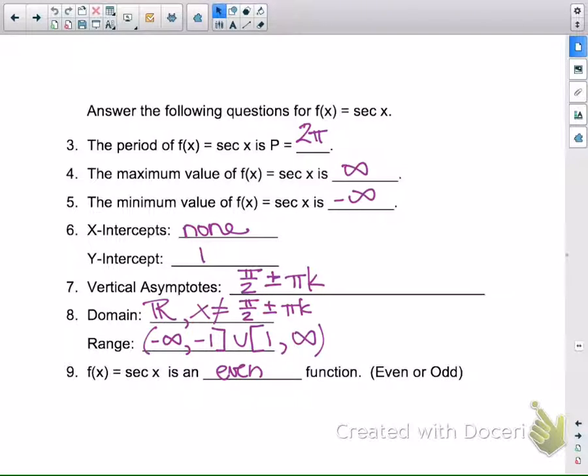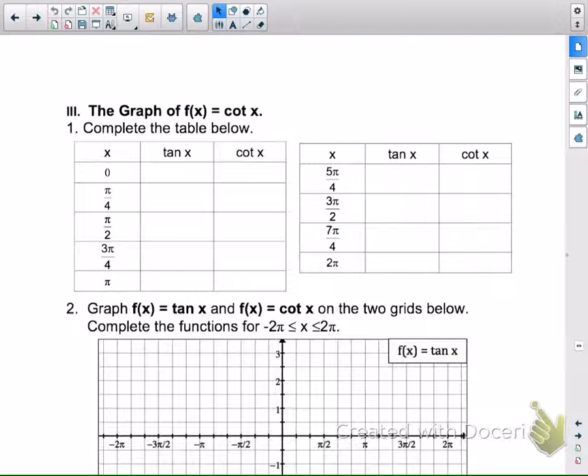Our last one will be cotangent with this, and then we're going to briefly talk about transformations. Cotangent goes with tangent, so real quick, our table for tangent. We did tangent, and we'll do cotangent.